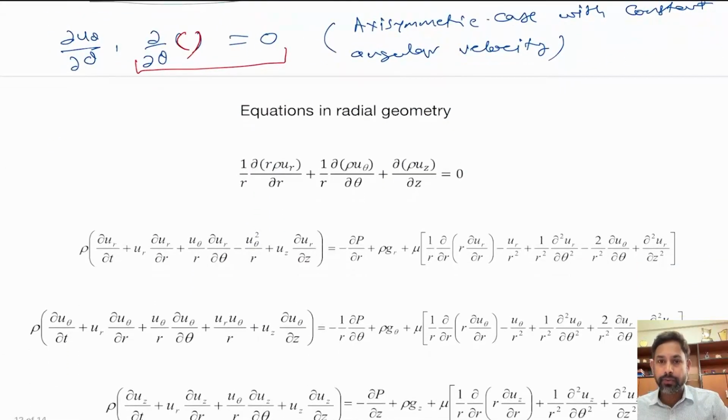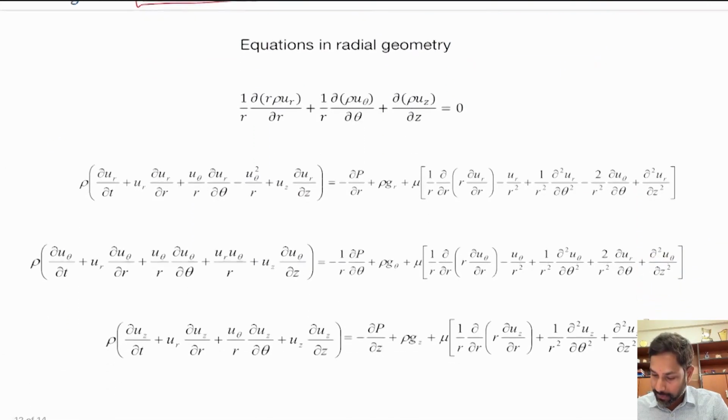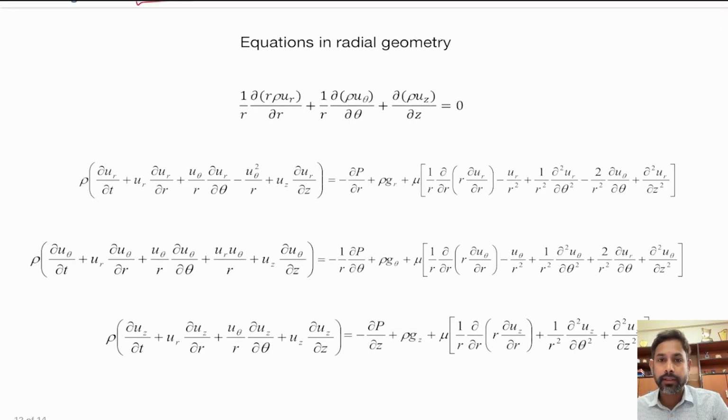Okay, so let's start with the equations that we already discussed in the last lecture. Here we have the continuity equation and the Navier-Stokes equation in radial, angular and axial directions. Based on what we just derived, we can start omitting terms one by one.